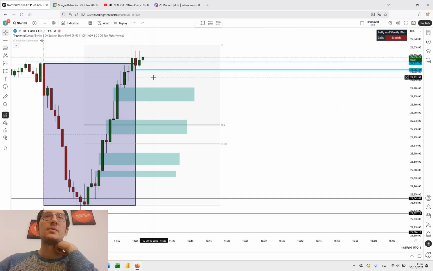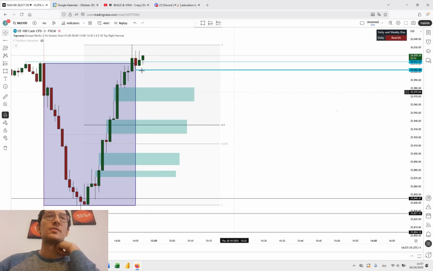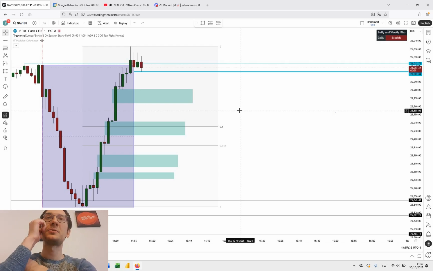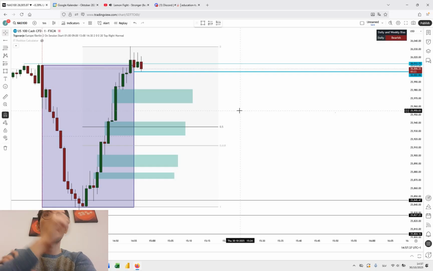We need to break below this line so that we are then in a 1 minute bearish trend, okay? Okay, we are printing down. That's already a good sign.